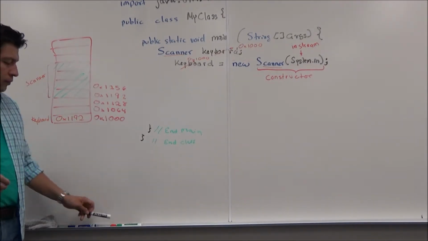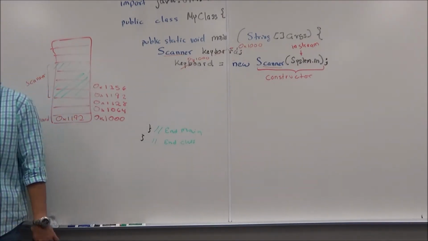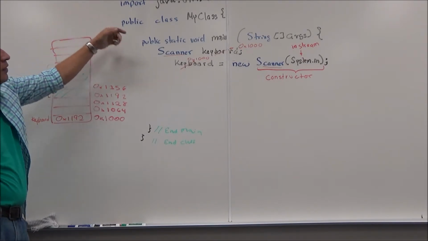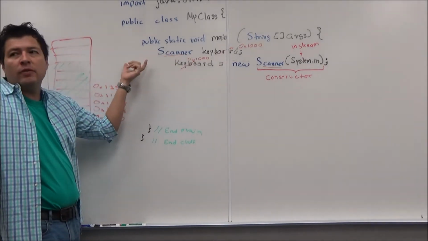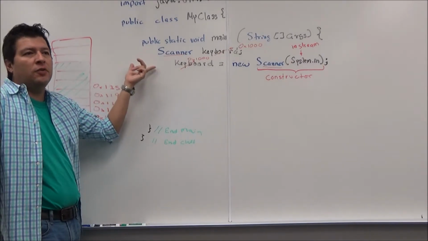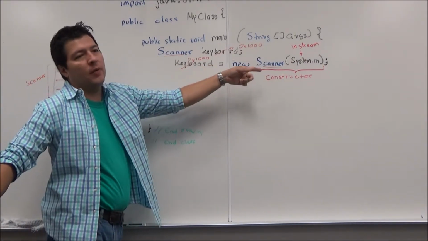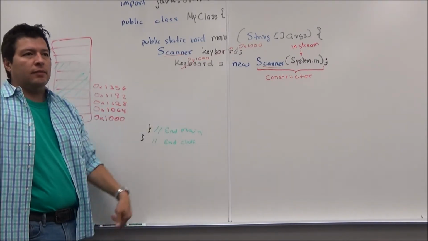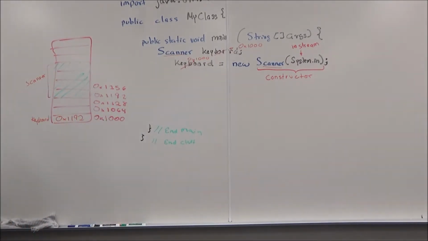And now you won't get that error. If I didn't do this import, instead of typing Scanner, I would have to type the whole thing, java.util.Scanner, everywhere. So Java knows where to find the blueprint of that class. So far so good? All right.